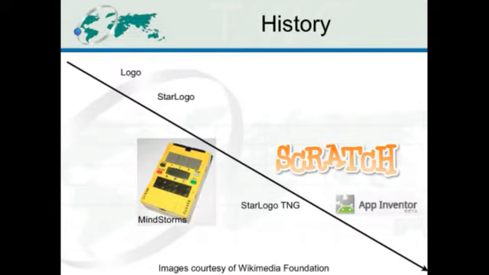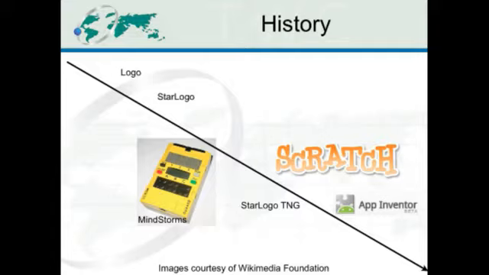So, just as a history, AppInventor comes from two different trains of thought. It originates from Logo and it inherits a lot of its design from Logo. Some versions followed, Star Logo, the next generation. Some of the work that was done for the Lego Mindstorms kits, which are also supported by MIT, the Scratch programming language as well.